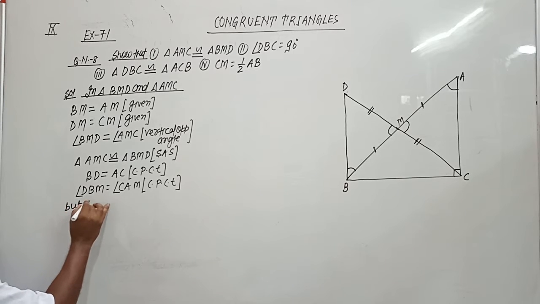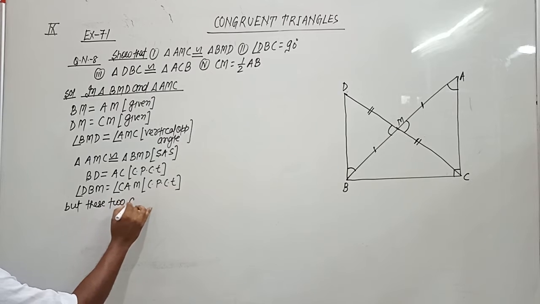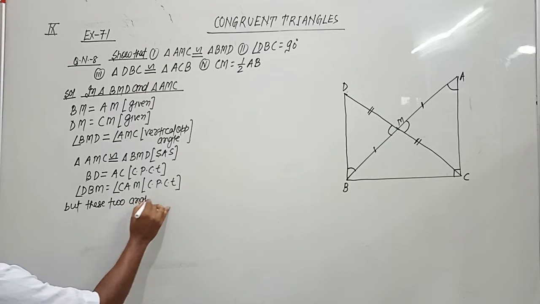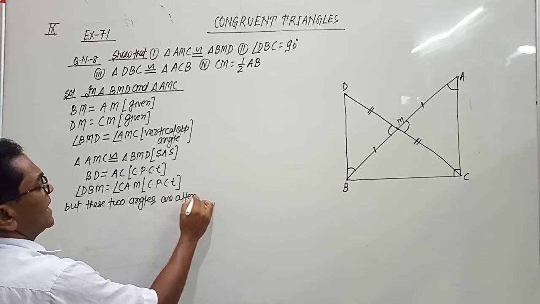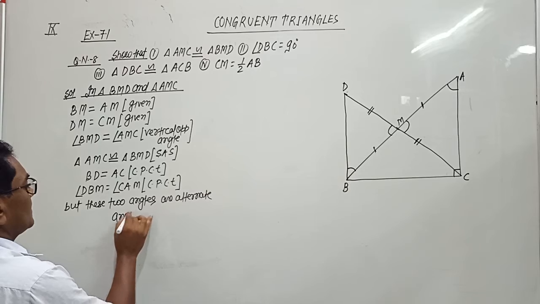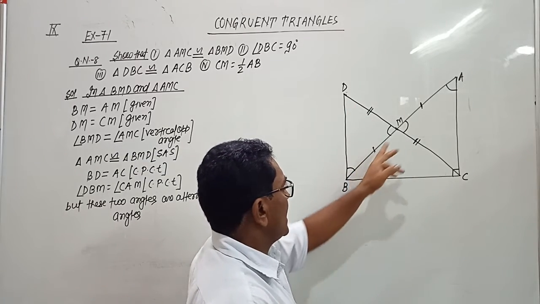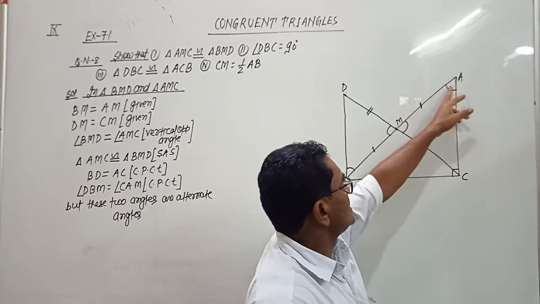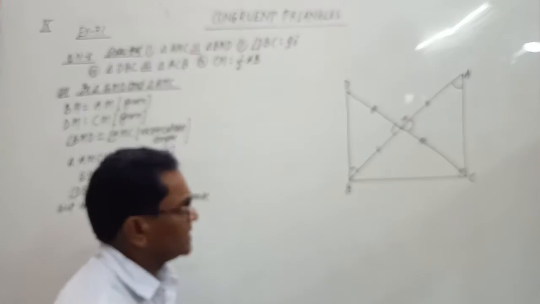But these two angles are alternate angles. Angle DBM and angle CAM, these are two alternate interior angles.